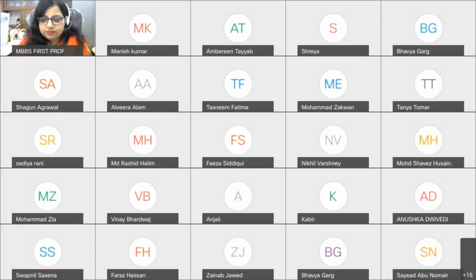Attend your roll calls. Roll numbers 1 to 50, how many of you are present? Tell me your roll numbers. Ma'am, roll number 28, Tuba Shahid. Ma'am, roll number 33, Faisal. Just a minute. Roll number 42, Faraz Hassan.